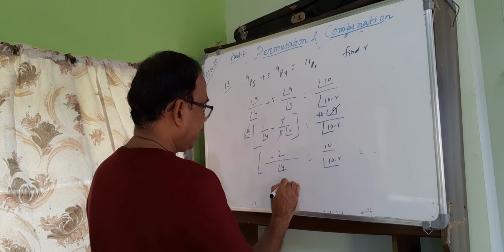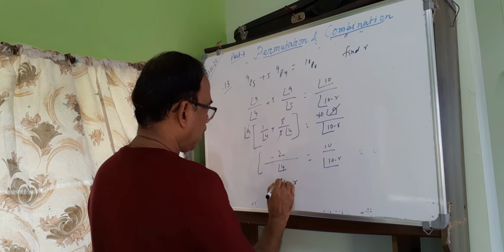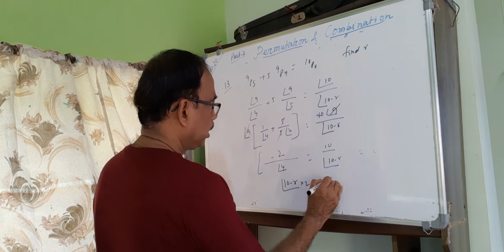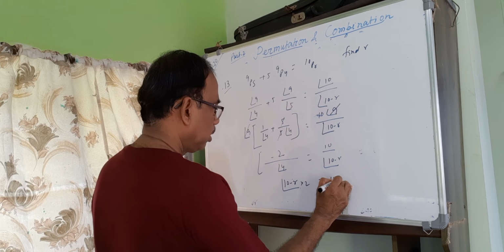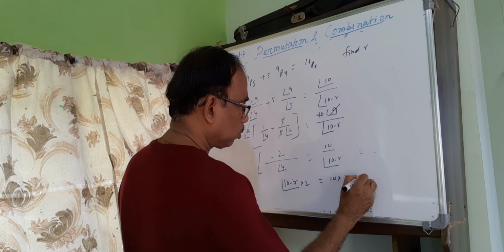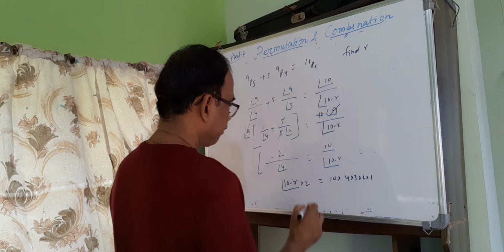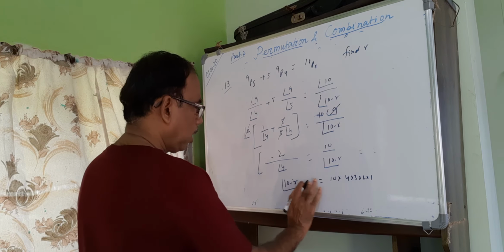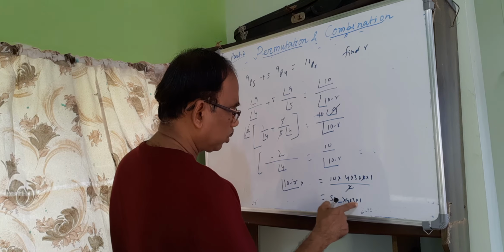Then 2 by factorial 4. So 10 into factorial 10 minus r into 2 equals 10 into factorial 4. Factorial 4 means 4 into 3 into 2 into 1. Then 2 comes down, 2 cancels.